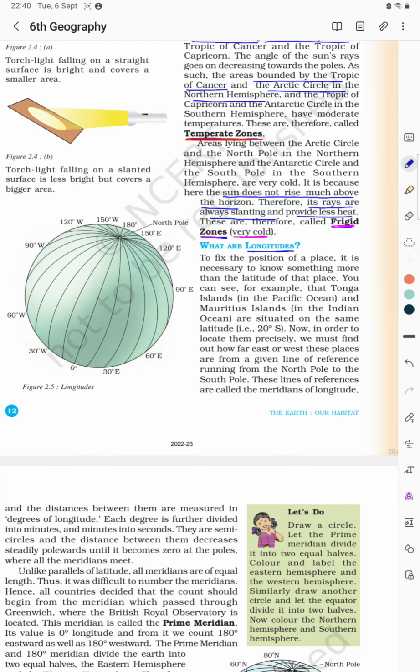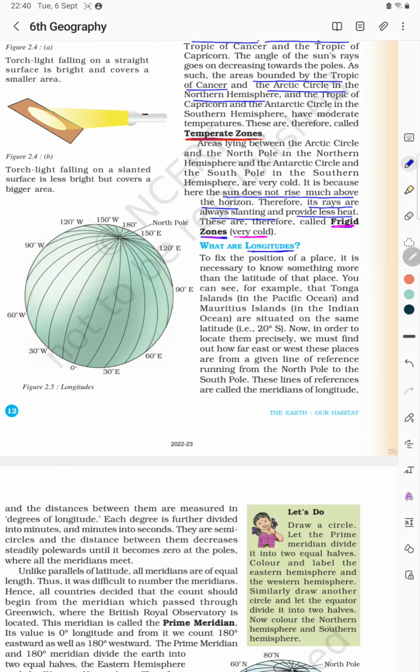As we have seen in the example of a place in Maharashtra and a place in Brazil, both were on the same latitude, but one was in the northern hemisphere and the other in the southern hemisphere. That is with respect to vertical. But what about the east-west extent, where the place lies?